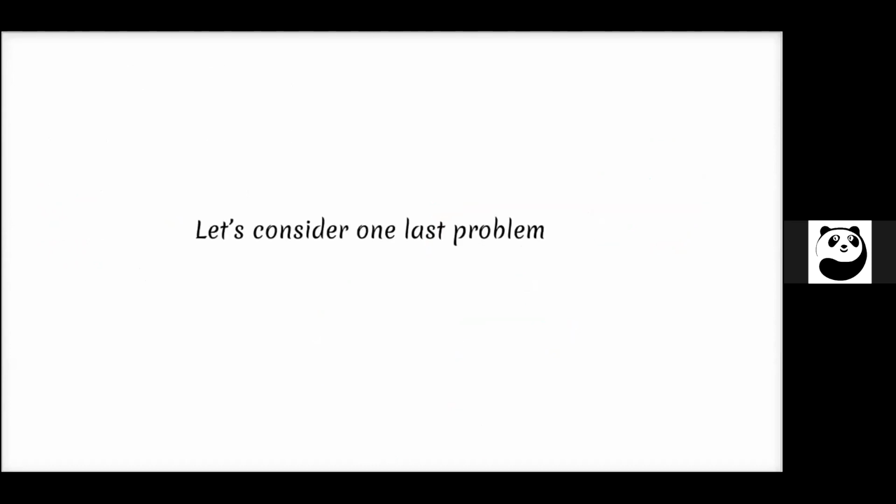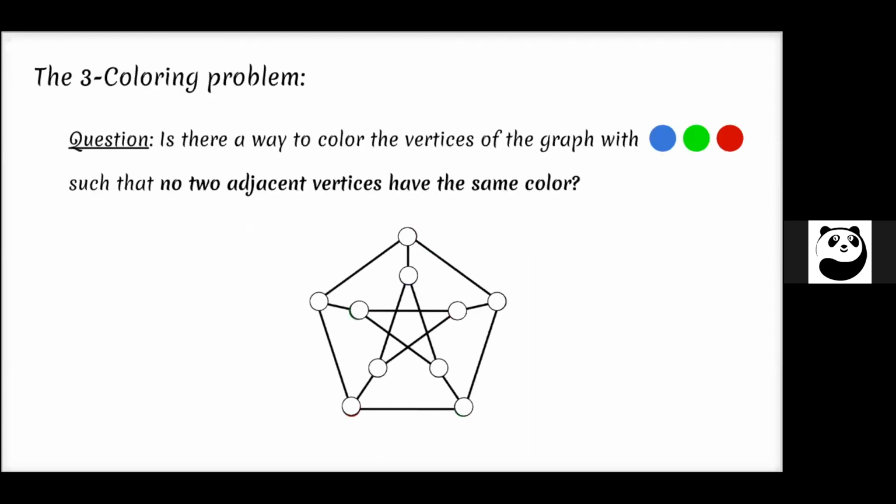Now, let's consider another problem. This will be our second and last problem. We will come back shortly to satisfiability, but first, let's look at this other problem. It's the 3-coloring problem, and the question is: is there a way to color the vertices of the graph with blue, green, or red, such that no 2 adjacent vertices have the same color?